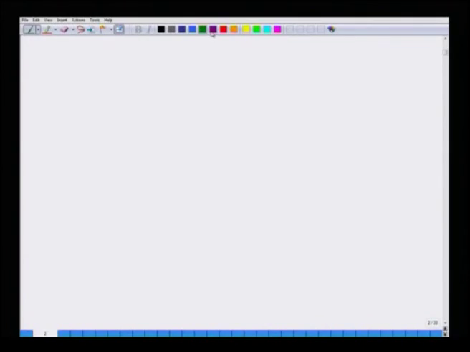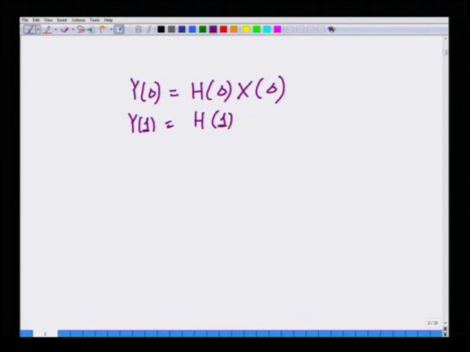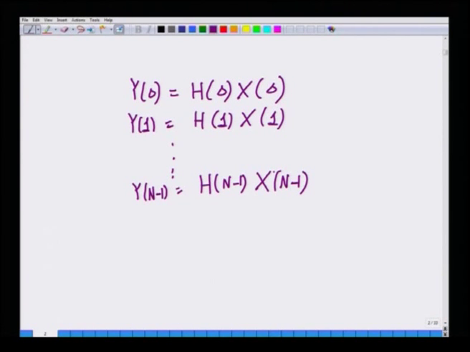Across the 0th subcarrier, I can write y0 equals h0 times x0, y1 equals h1 times x1, and so on and so forth. I can write y(N-1) equals h(N-1) times x(N-1).